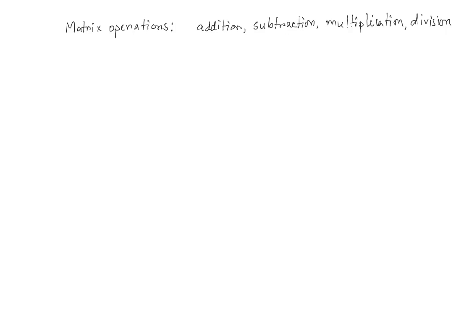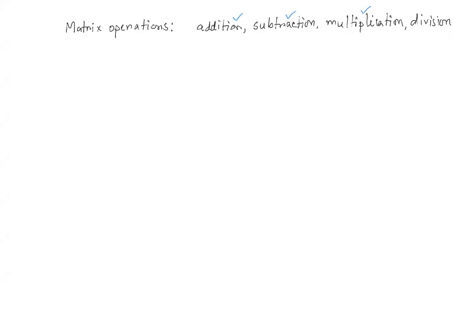Now, for matrices, by the way, the plural of matrix is matrices. So for matrices, addition is defined. That means you can add 2 matrices. Subtraction is defined, meaning you can subtract one matrix from another matrix. Multiplication is defined, meaning you can multiply 2 matrices, but not always.